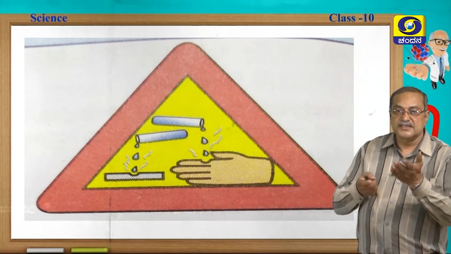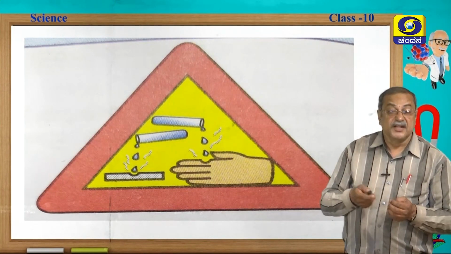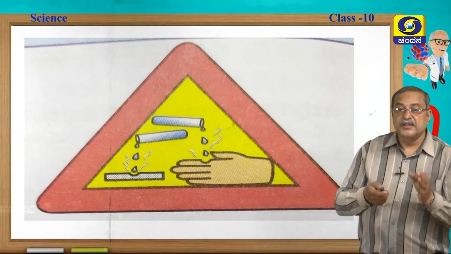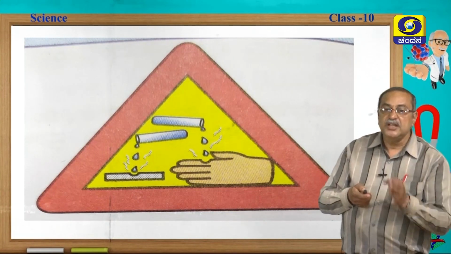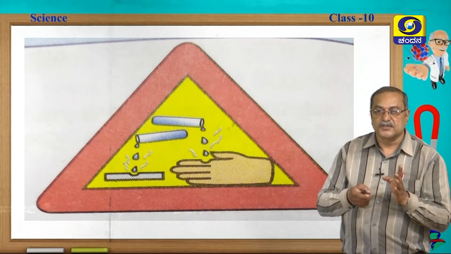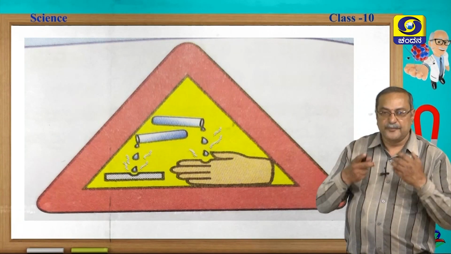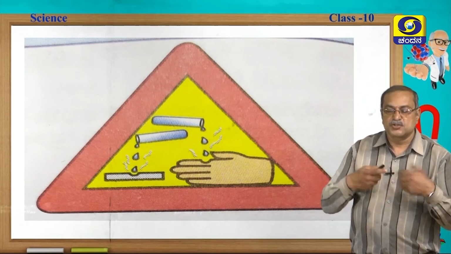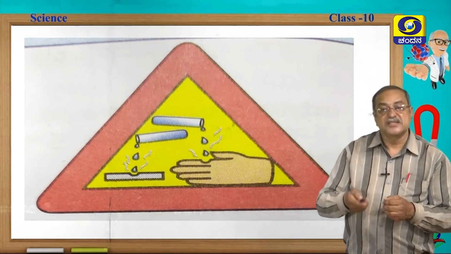Even if it falls on the hand, it will cause burns. It is very dangerous, which is why in the laboratory you are not supposed to touch acids. Only under the supervision of the teacher may you touch acids or bases. Be careful while using them. We should wear hand gloves and an apron, because if it falls on us, it immediately causes high damage.